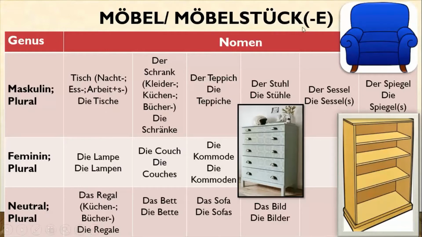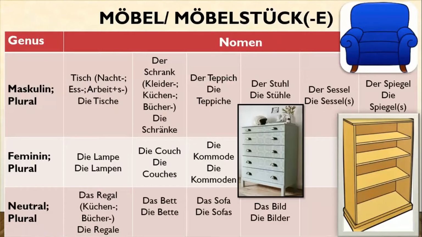So we put an E at the end of this compound noun, made up of the word Möbel and Stück, which means a piece. So literally translated, it is actually furniture piece or furniture pieces.